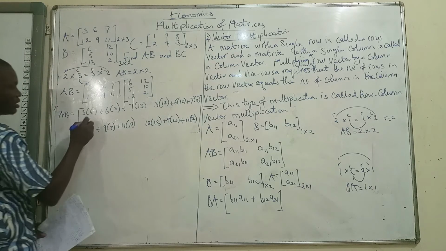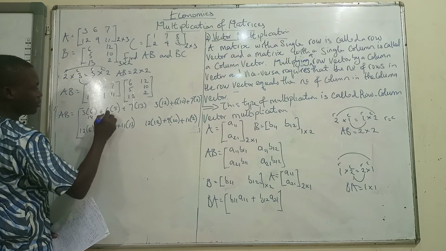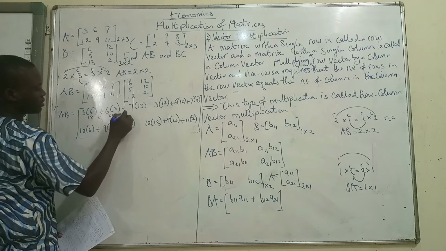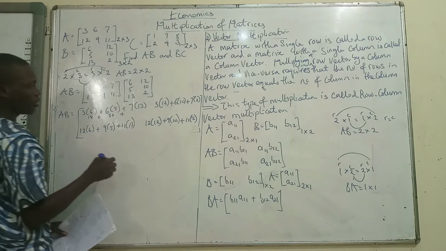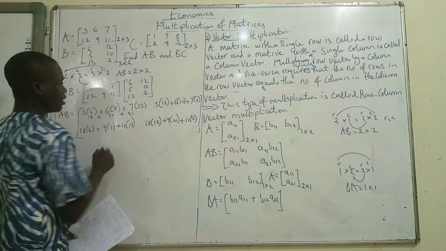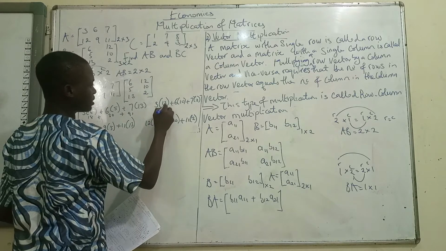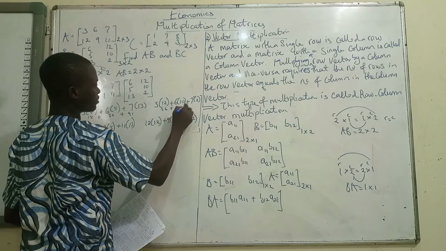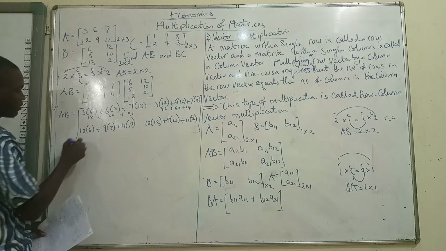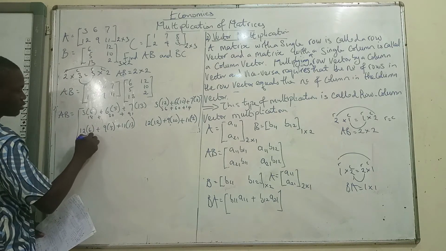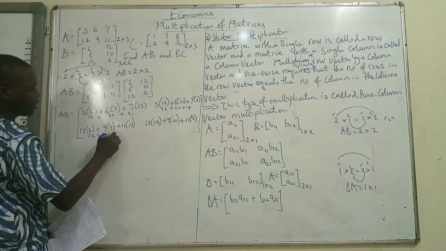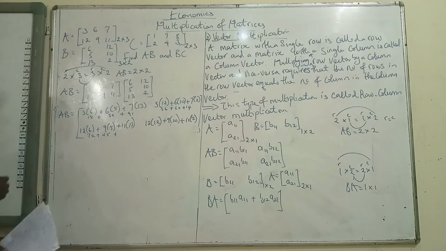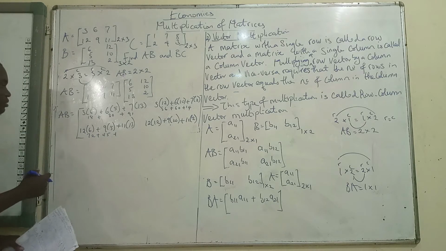So 3 times 6 is 18. So 18 plus 30 plus 7 times 3 is 21. Alright, this is 91. Alright, 3 times 12 is 36 plus 60 plus 14. And then 12 times 6 is 72 plus 45 plus, wow, 11 times 10 is 110.